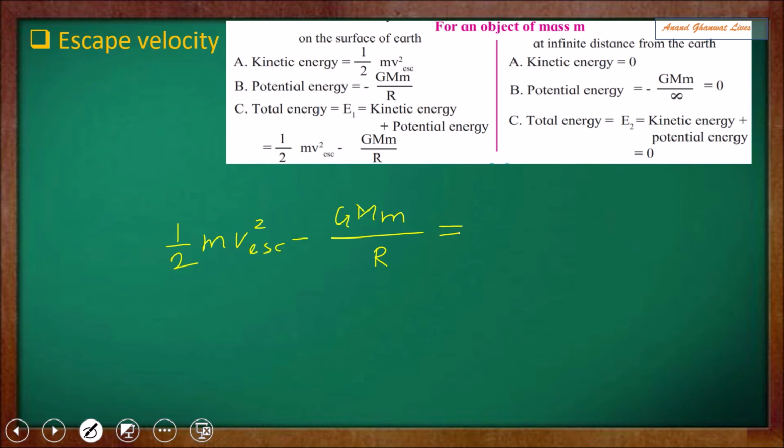Now it is equal to the total energy at infinite distance, but that is 0. Therefore 1 upon 2 into m into the square of escape velocity is equal to G into m upon r.